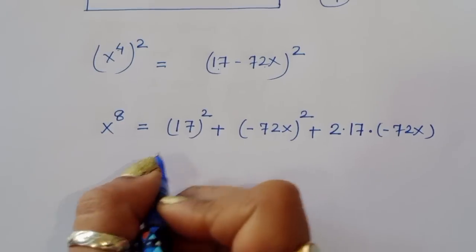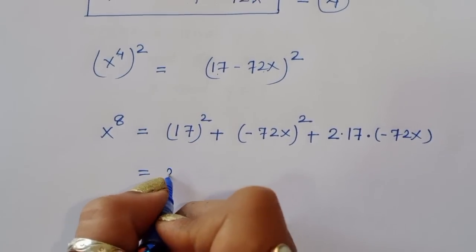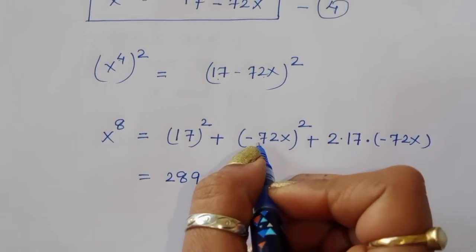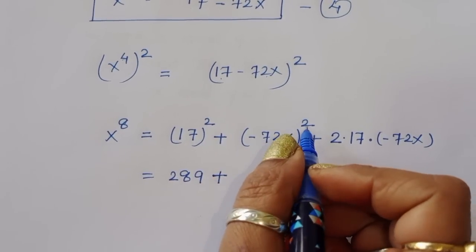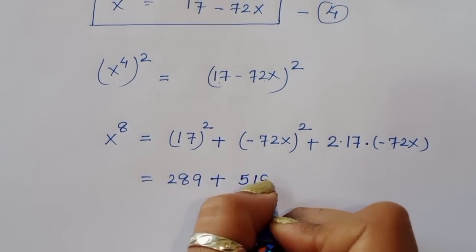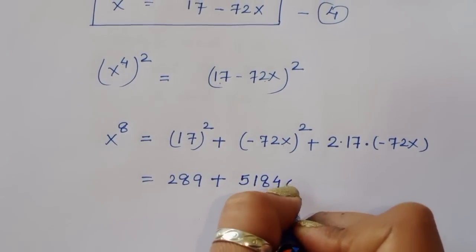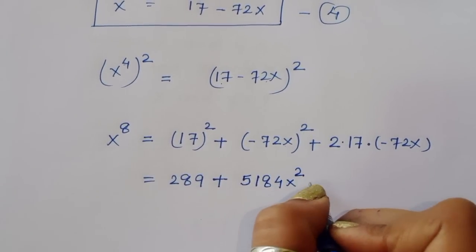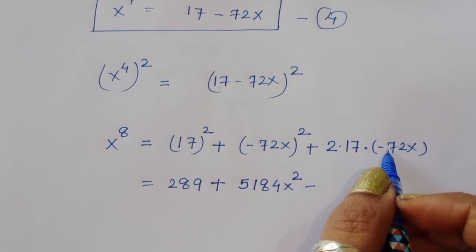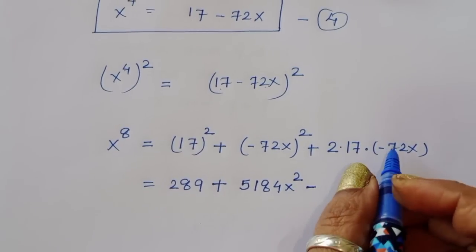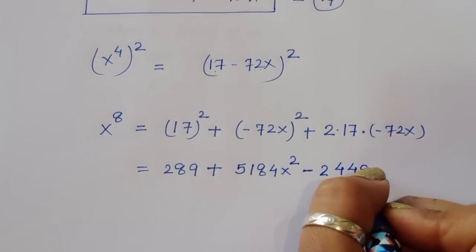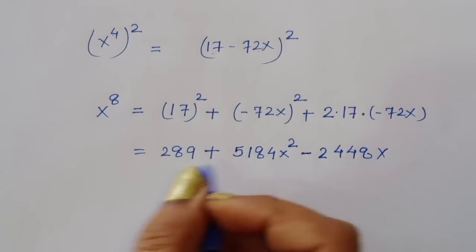Now 17 square is 289, plus 72 square is 5184 x square, minus 2 times 17 times 72, then we will get minus, because this is a minus sign, 2448x.